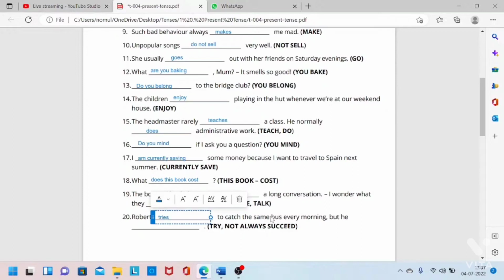The spelling of tries and try is different. Robert tries to catch the same bus every morning, but he does not always succeed. Okay, that is it. I have finished.